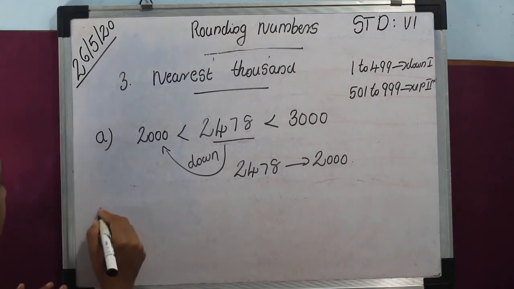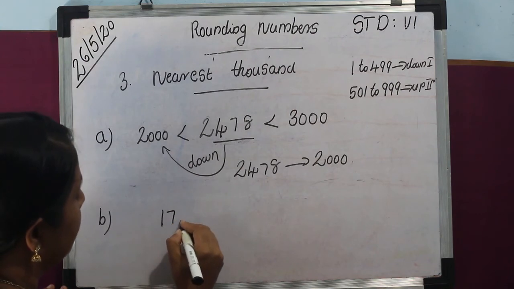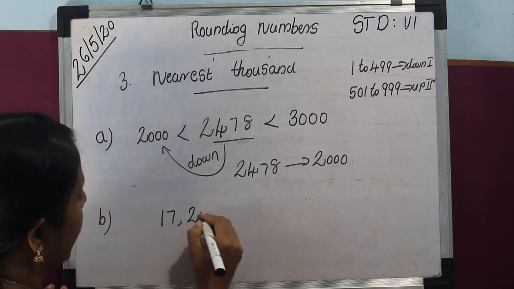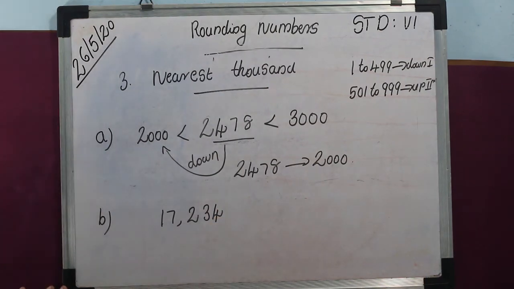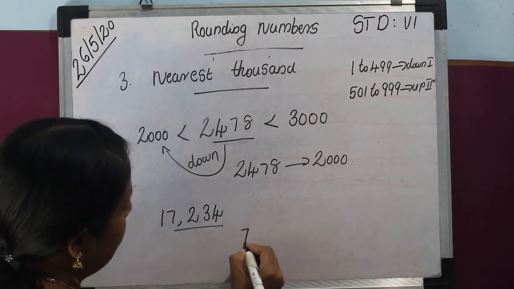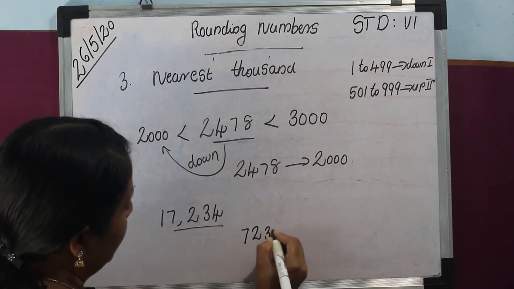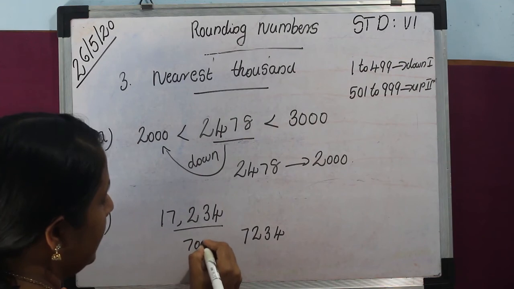Then the second example, consider the number 17,234. This is a 10,000 number. These numbers belong to the ten-thousands. Here we want the case of nearest 1000, so we take the number 7,234. This number lies between 7,000 and 8,000.